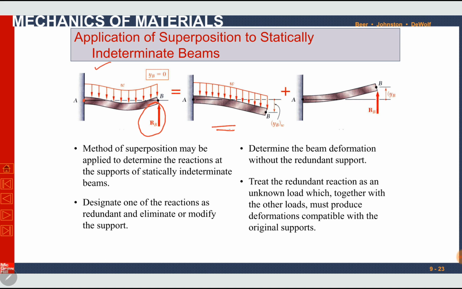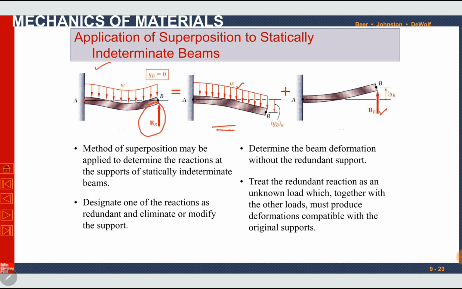So the beam is under a uniformly distributed downward load. In the next stage, we will remove this uniformly distributed load and add the redundant reaction to the beam. It will act as a load now. So then these two beams can be superposed onto each other.